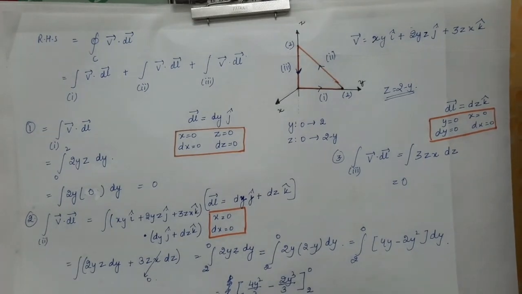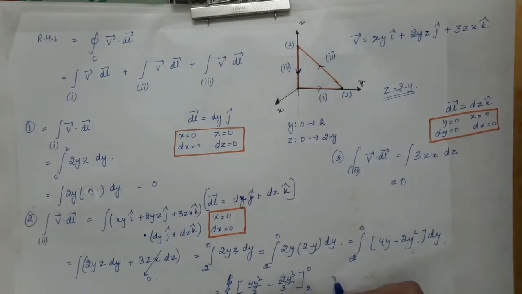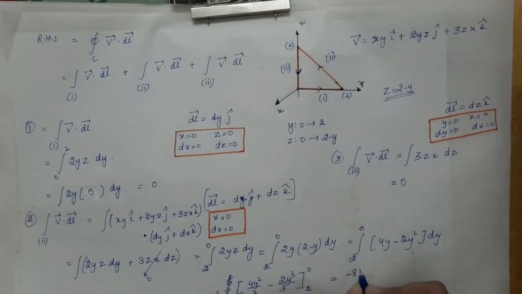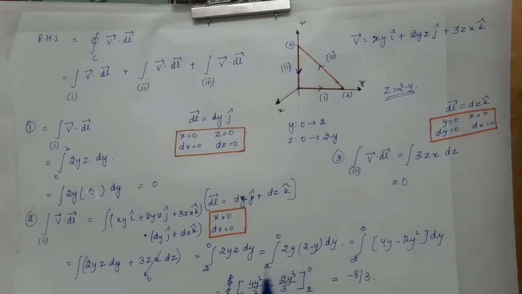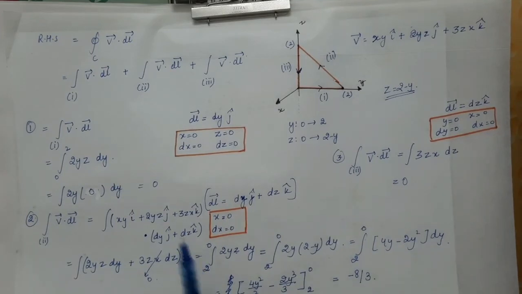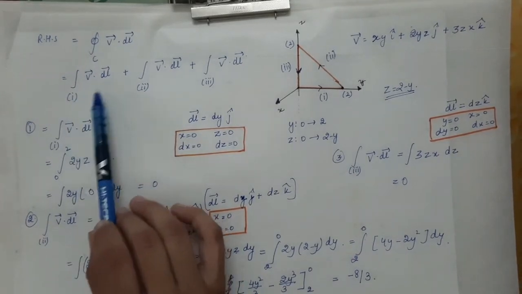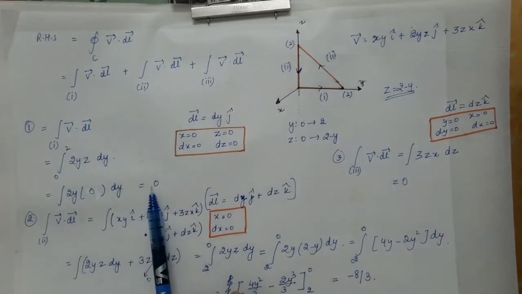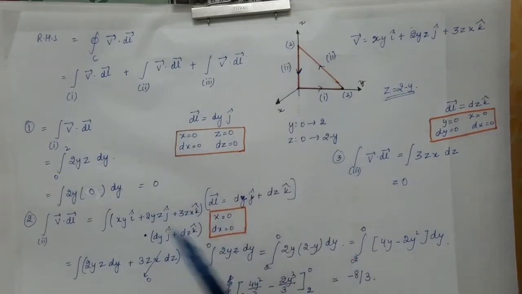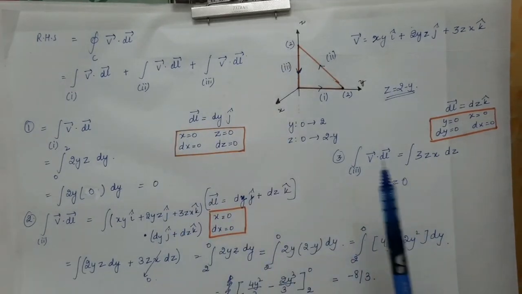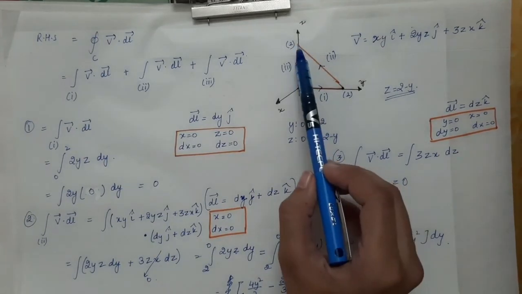When you put in the upper limit and the lower limit, this will be equal to minus 8 by 3. So the first line integral, over the first path, came out to be 0. The line integral over the second path, that is over this line, came out to be minus 8 by 3. And the last integral is vector v dot dl over the third path.